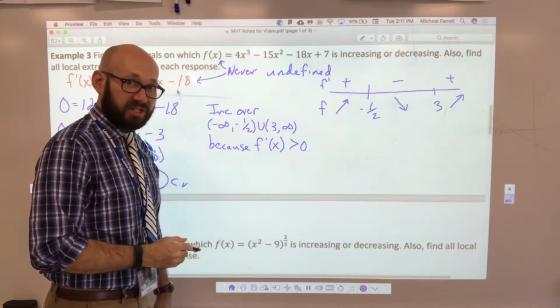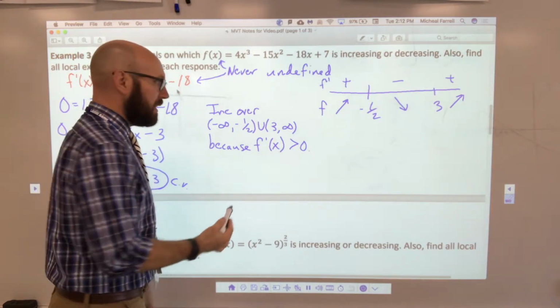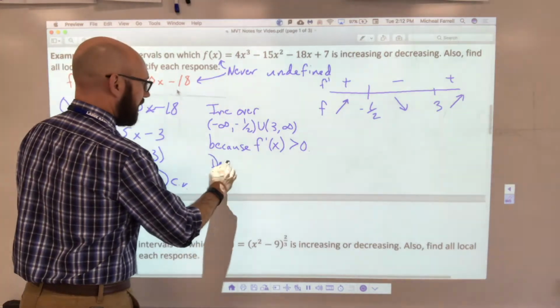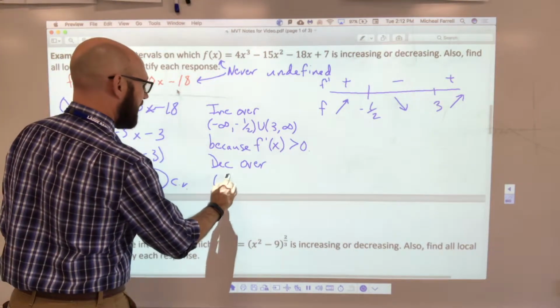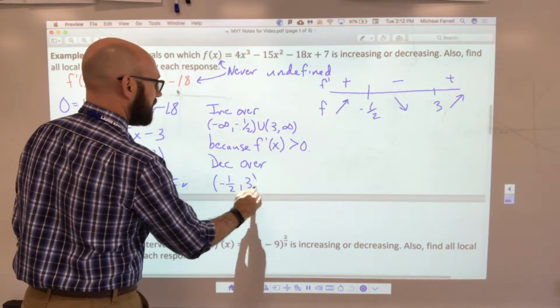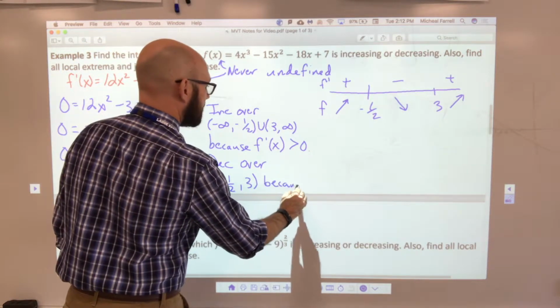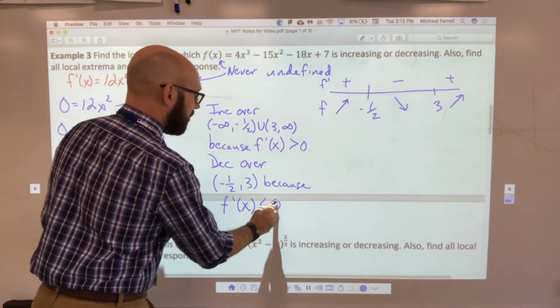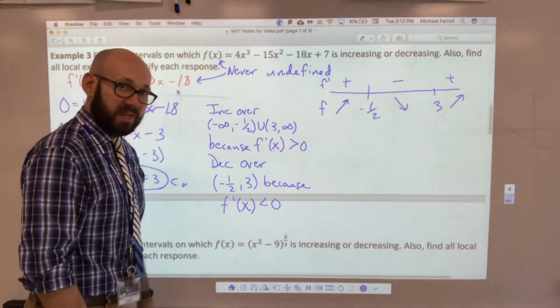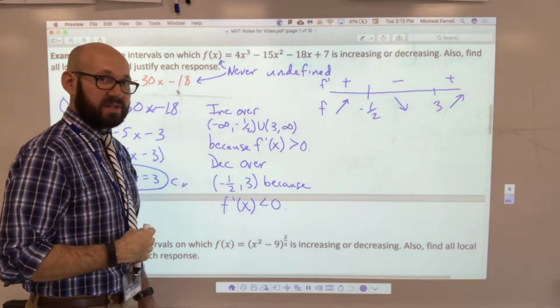That's the justification you need every time. I can also say I'm decreasing over -1/2 to 3 because f prime of x is less than 0. It's negative. And this is all the justification I need for increasing and decreasing.